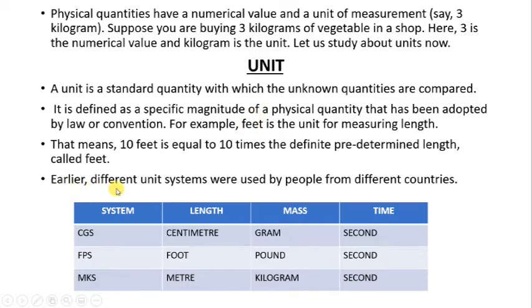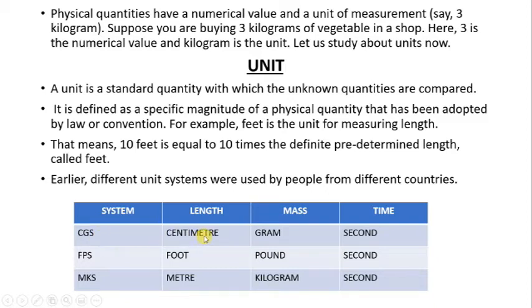Earlier, different unit systems were used by people from different countries. This has been discussed in your earlier classes, 8th standard. So we go through this table column: CGS system, FPS system and MKS system.